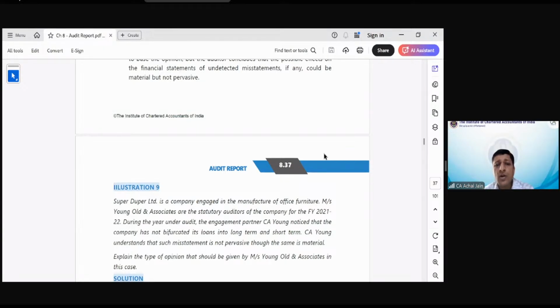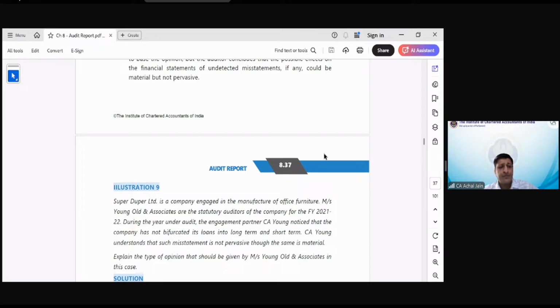Messrs. Young Gold and Associates are the statutory auditors of the company for financial year 21-22. During the year under audit, engagement partner CA Young noticed that the company has not bifurcated its loans into long-term and short-term. So there's an error. And what type of error is this?